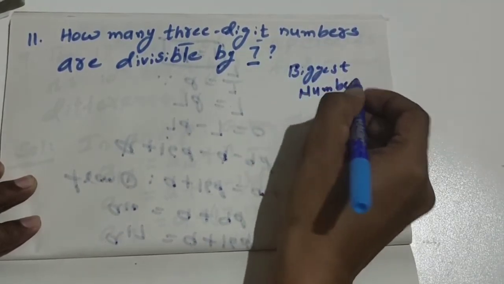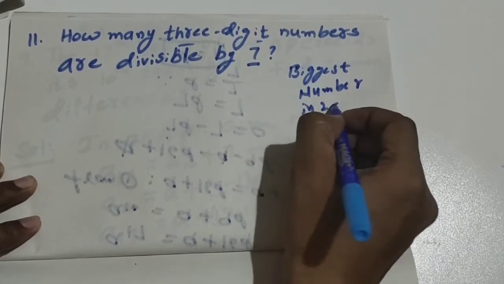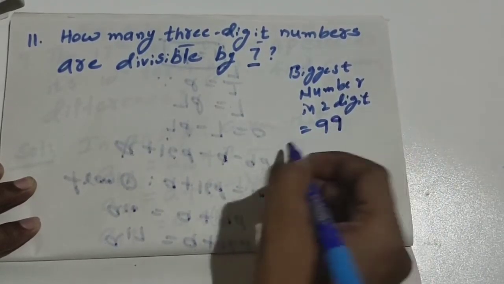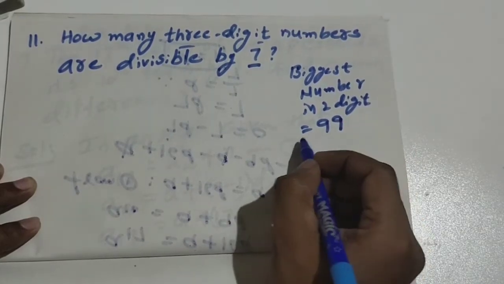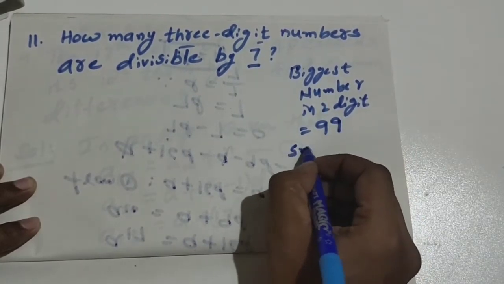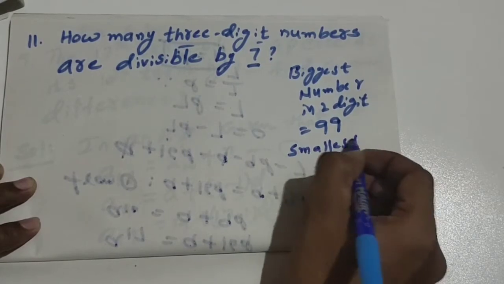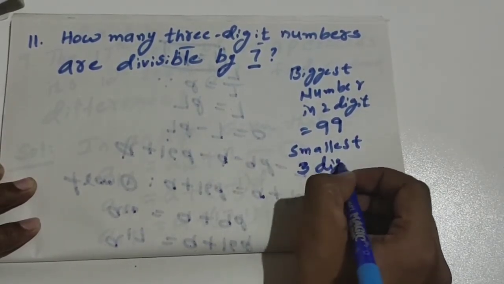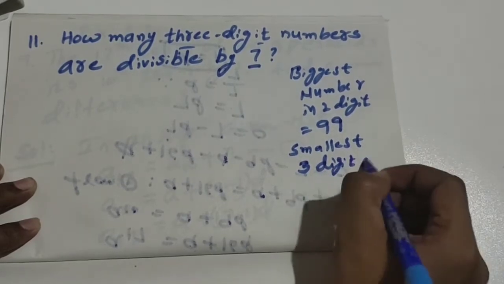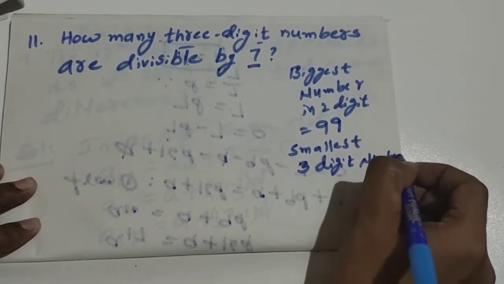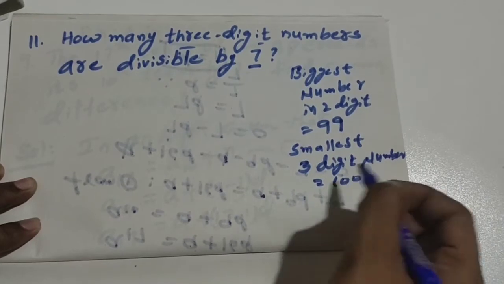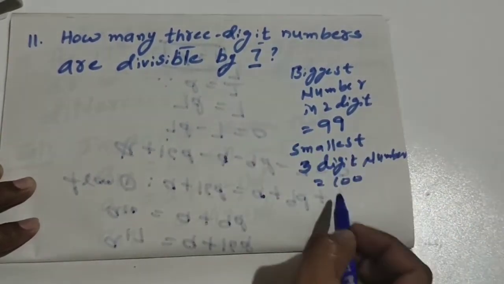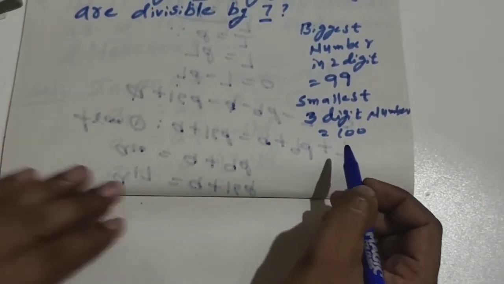Immediately we can say it is 99. Then the smallest 3-digit number is simply 100. So the 3-digit numbers start with 100.